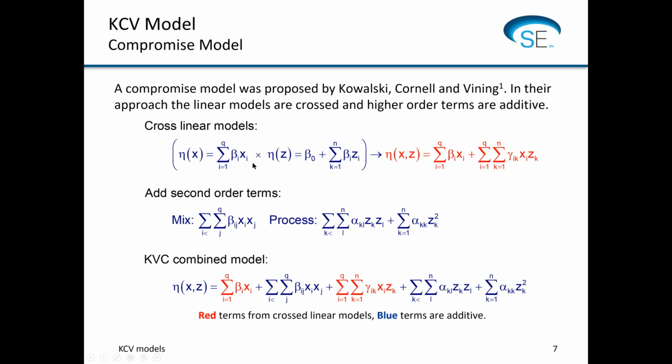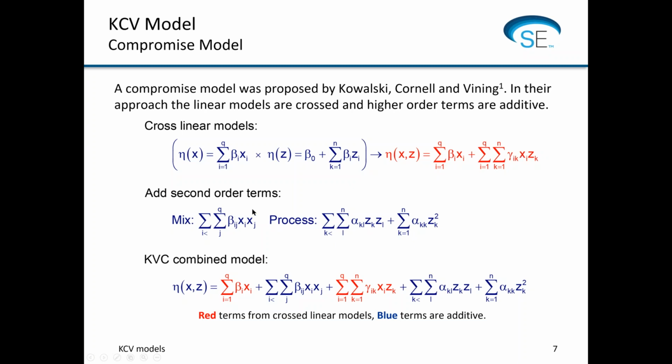So I've got the linear from the mixture multiplied by the linear from the process, and that's going to give me the linear terms. Remember, this intercept's already embedded in the linear terms, and then the linear term for the process times the linear term for the mixture. So that's here. So those are crossed.